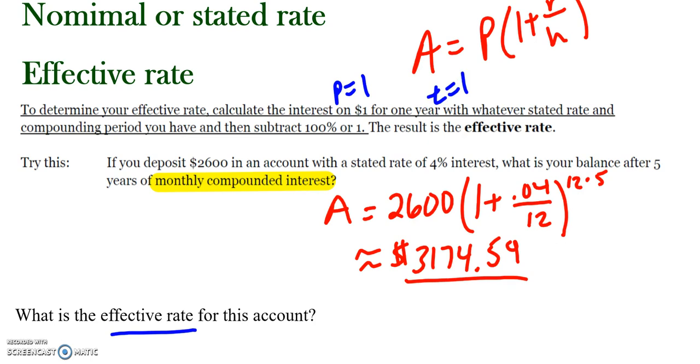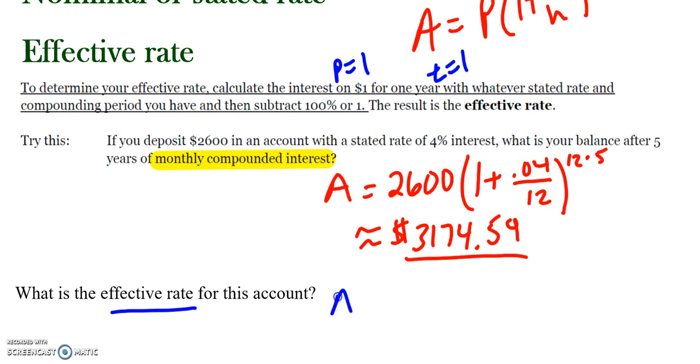So let's take again our amounts here. $1 is going to be P. 1 plus, and it says use the stated rate, so the rate of 4% will not change. And it's also going to be using the stated compounding period, so the monthly compounded interest will still be 12. But now I'm going to turn my time to 1.